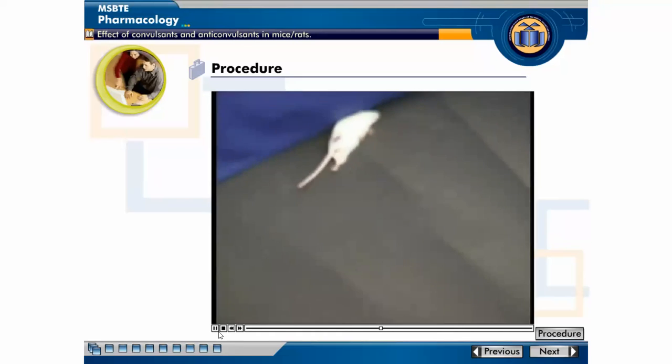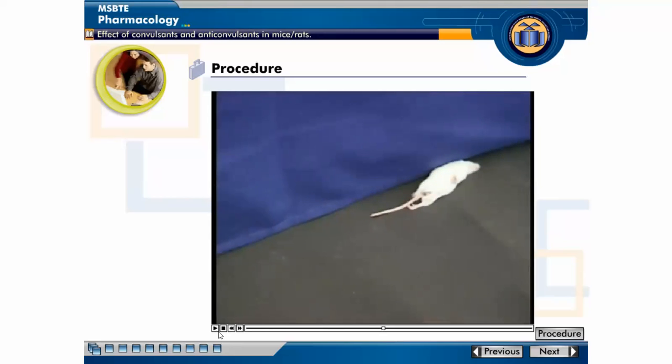So this condition is known as jerky convulsion. Strychnine sulfate or strychnine hydrochloride produces jerky convulsion as well as Straub's tail and severity of the convulsion. It produces jerky movement and convulsion, so it is known as a convulsant agent.